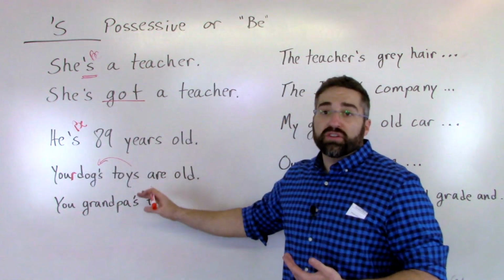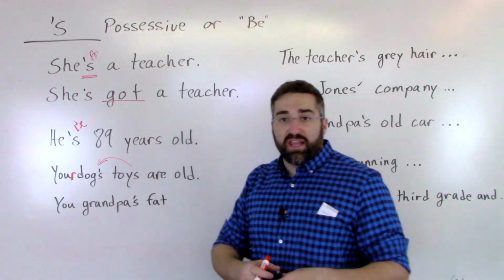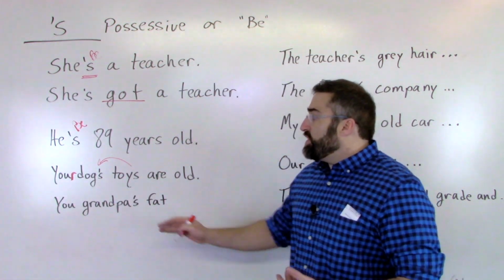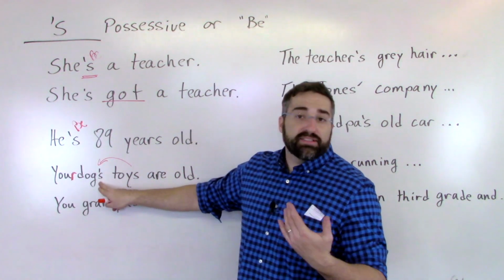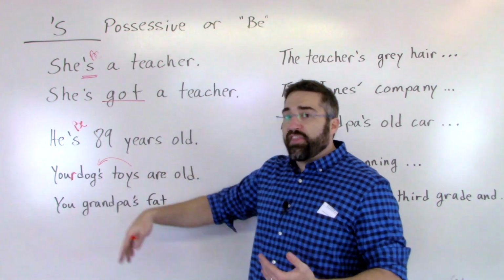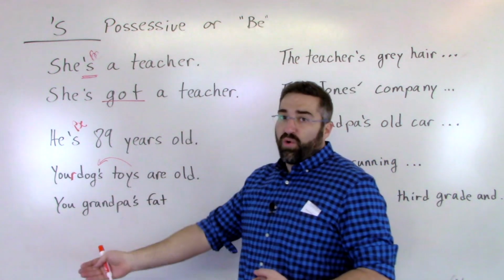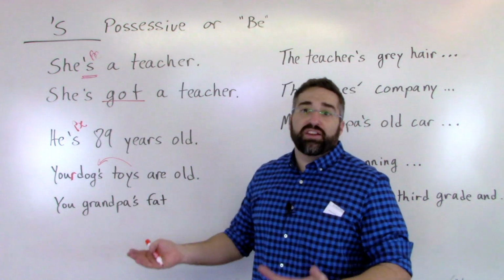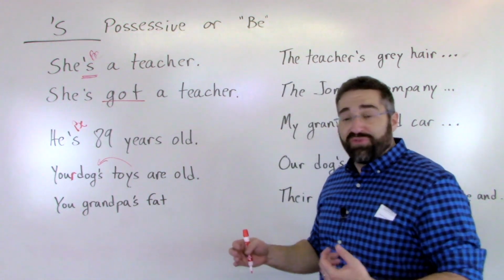Well, the dog's toys, right? The toys that belong to the dog. So we know that this is going to be has, it's going to be a possessive. Not that your dog is a toy, right? It could be a toy to you, but your dog is not a toy. It's a family member, hopefully.